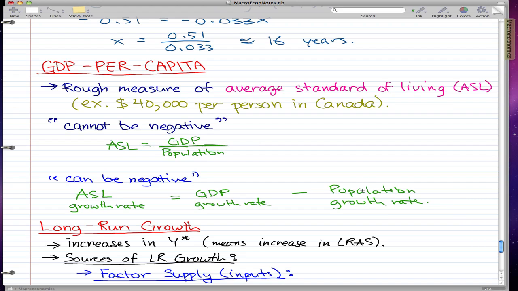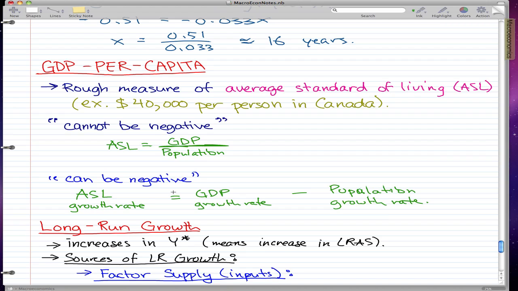So that's why ASL growth rate can be negative if population growth rate is bigger than GDP growth rate. I don't know, maybe the population has more babies than it does people working, actually making money. GDP growth rate, then we would have a negative ASL, I guess.